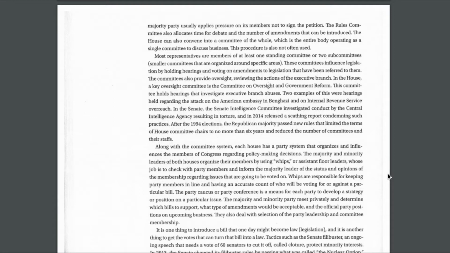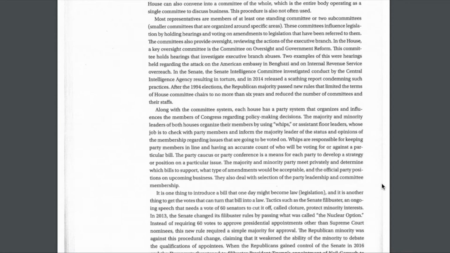The differences then when passing legislation in the House and the Senate: different rules, the idea that the Senate has the filibuster. They can delay it by just speaking on the floor, in need of 60 senators to cut it off, which is called a cloture. However, they also have the nuclear option, so change the rules. You just need a simple majority to stop presidential appointments other than Supreme Court justices.